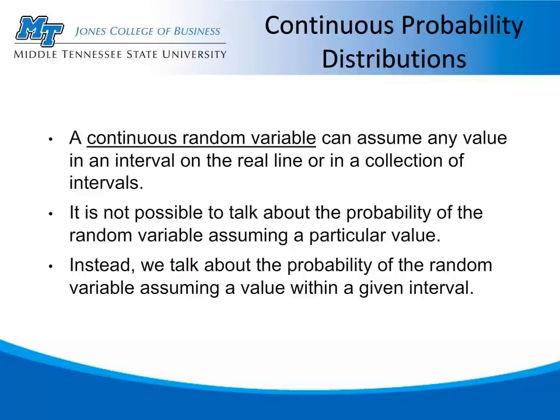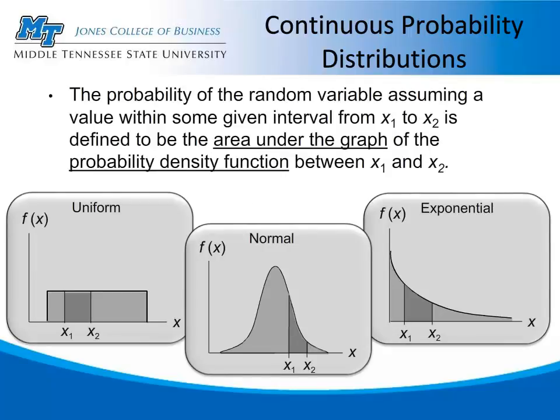The probability of being greater than or equal to a particular value is the same thing as the probability of being strictly greater than, because there's no probability at a point. But you have to have an interval in order to have a positive probability. Each one of these probability distributions is illustrating finding the probability between x1 and x2. x2 is larger than x1, so there's an interval between those 2 points.